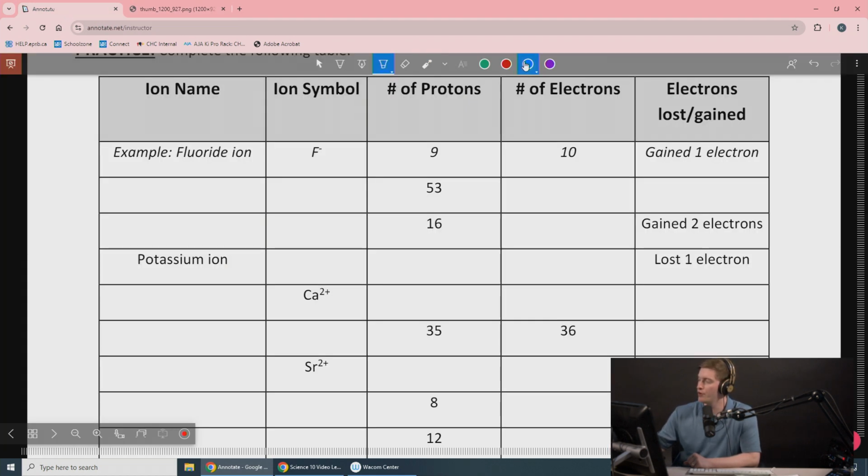But when it forms the ion, it's going to be called an iodide ion, and we'll have the symbol I-. It's got 53 protons. If it's got a negative charge, it must have gained an electron to have more electrons than protons. So it gained 1 electron.